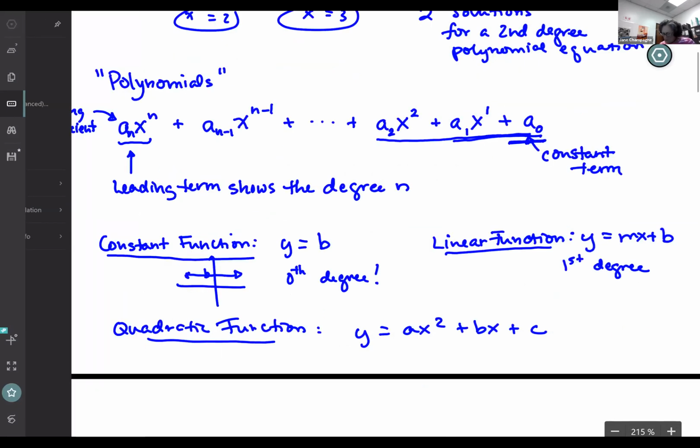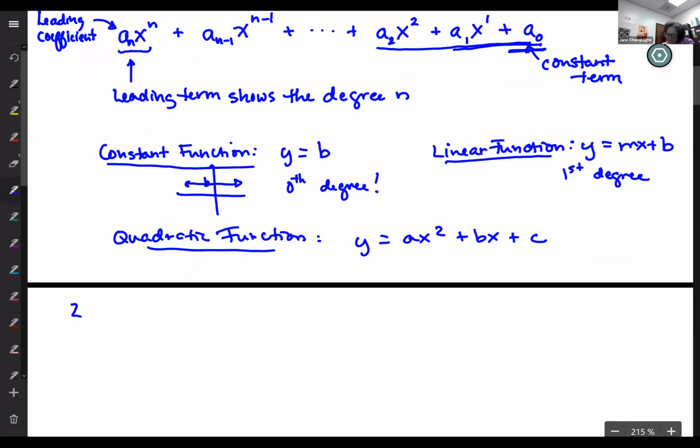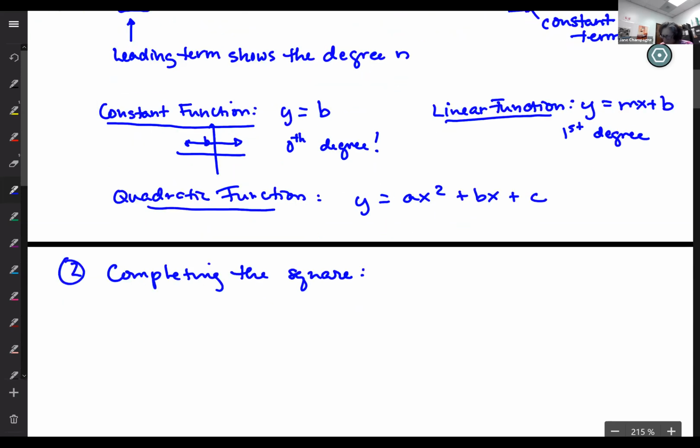Okay, so another way of solving, completing the square. Back to ways of solving quadratic equations. Completing the square. So this is best if you have a leading coefficient of 1 and an even middle coefficient, and it doesn't factor.